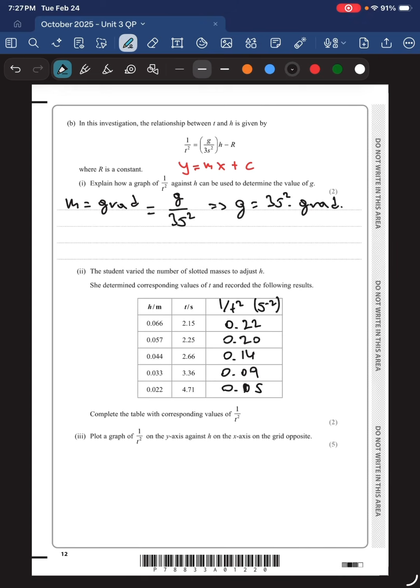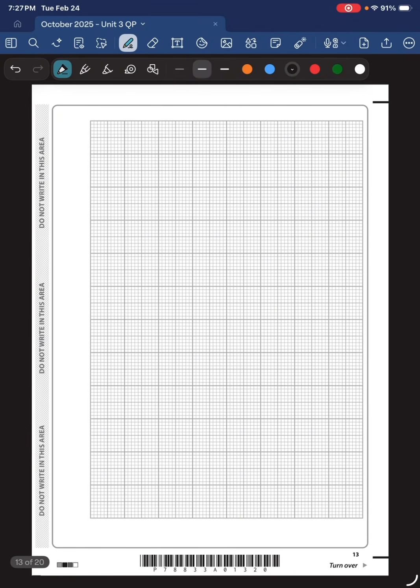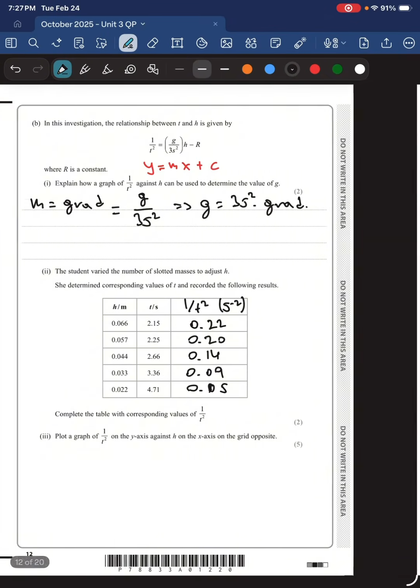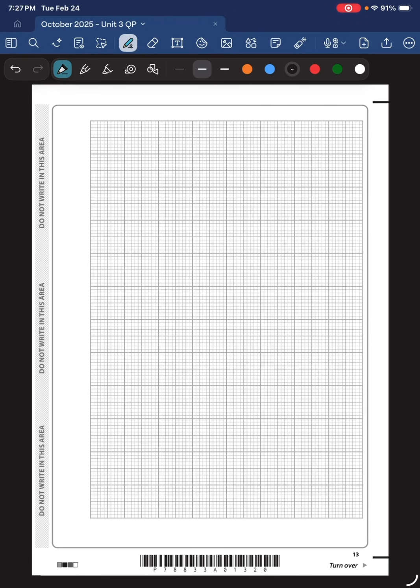Part 3. Plot a graph of 1 over T squared on the y-axis against H on the x-axis on the grid opposite. So let's start with the axes. This is the y-axis, so we will have 1 over T squared here, which is measured in seconds to the minus 2. And our x-axis will be the height in meters.